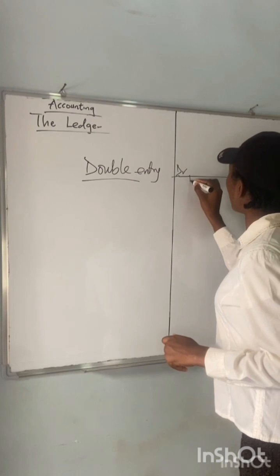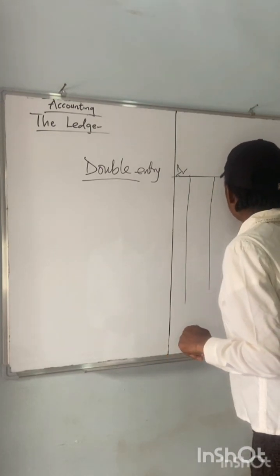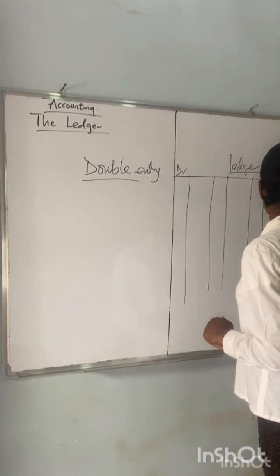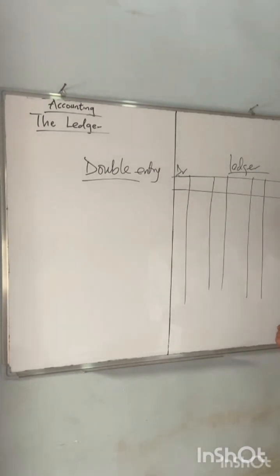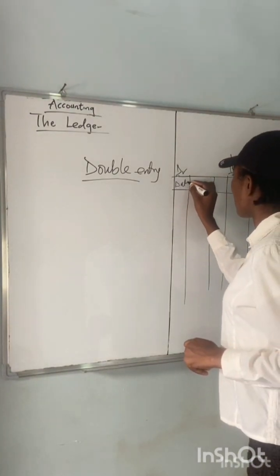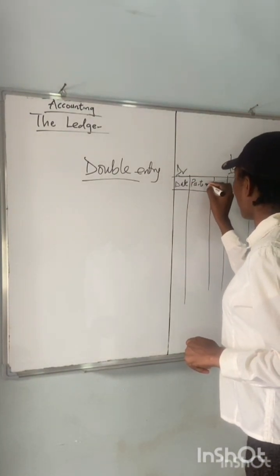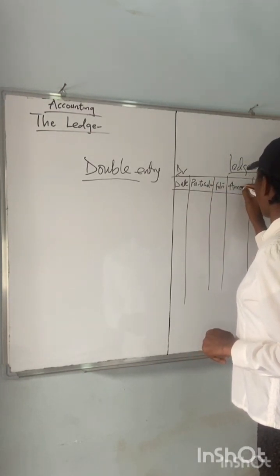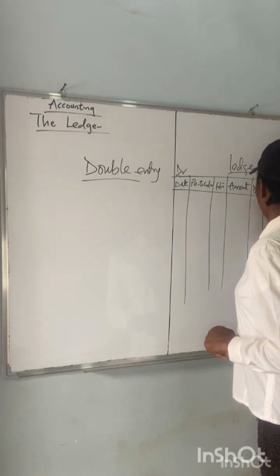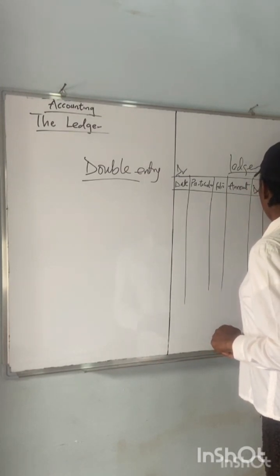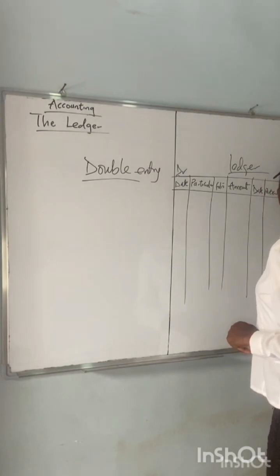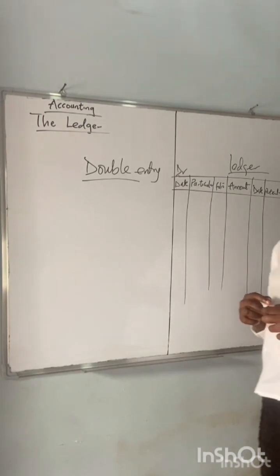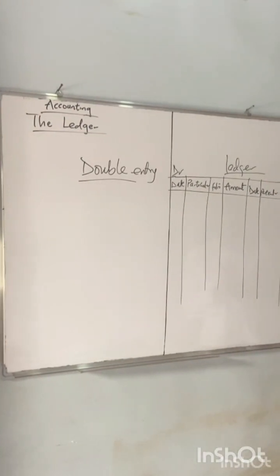We have our date, particular, our folio and amount, and same on the other side. So this is our ledger format, where we have our date, particular.